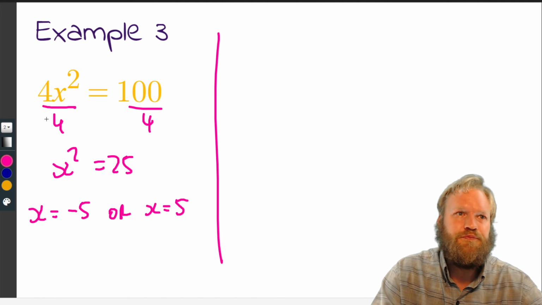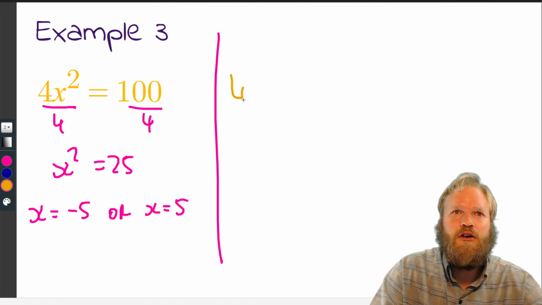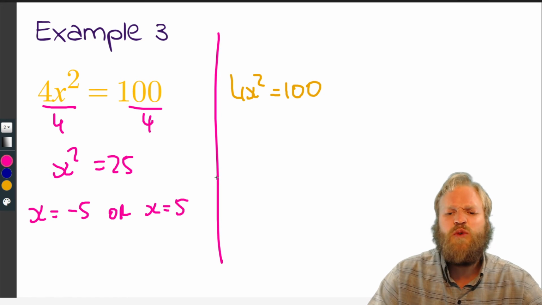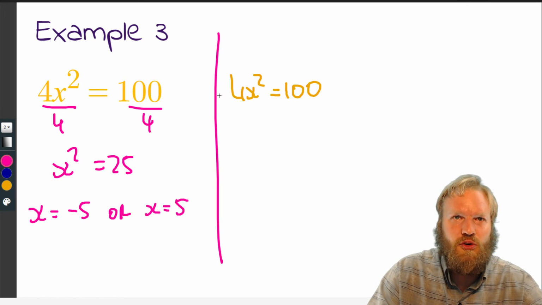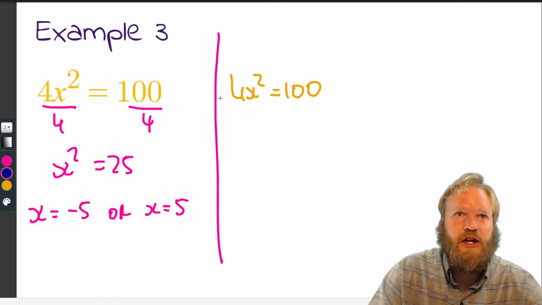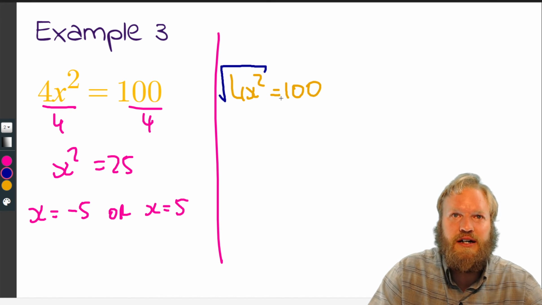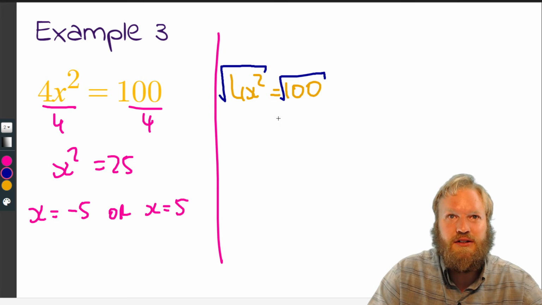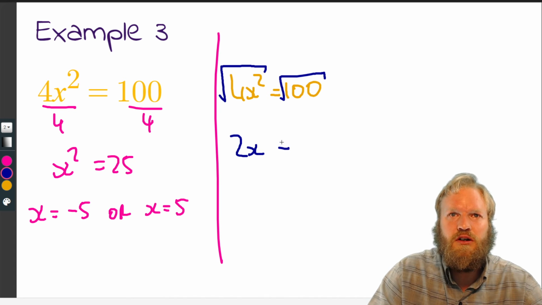One option. Option 2. Start with our 4x² equals 100. You know what? I'm just going to go square root of both sides. Now be careful. If we take the square root, we're going to need to take the square root of the entire side and that entire side. Okay, so square root of 4x² is 2x. Square root of 100, remember we're going to have 2 options here.